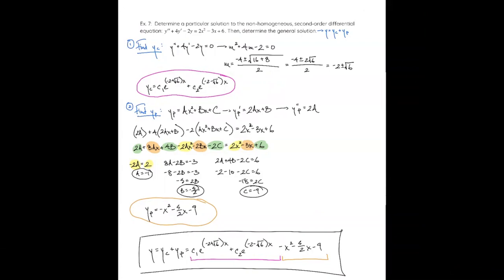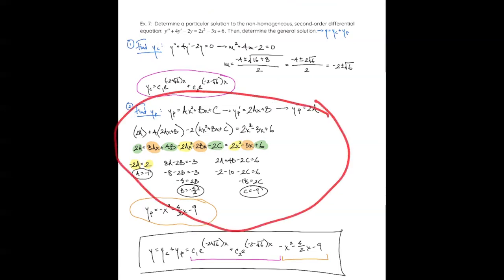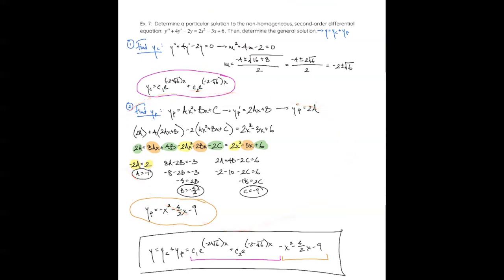So the last two questions here, example 7, example 8 and example 9. In those two questions, we're only going to be looking for y sub p. So we'll get a chance to practice just that second part a little bit more.